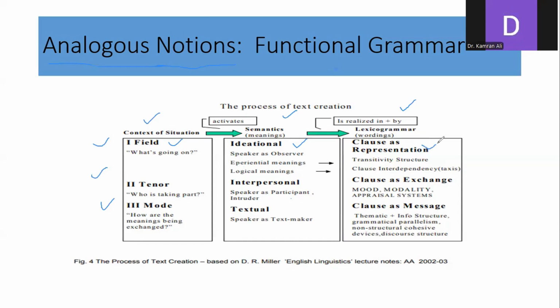Lexicogrammatical wordings, right? So you will go from field and based on field, you are going to assign meanings. And when you're assigning meanings, you got to choose language, right? So the language use jumps in here.